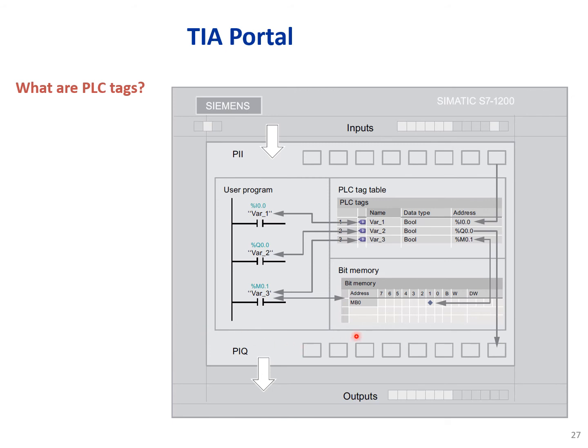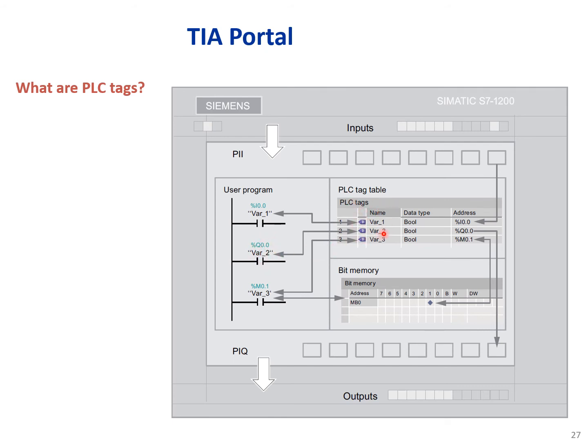What are PLC tags? So you see that for different contacts and coils, we selected a name and one address. So variable one, and the address is I0.0. The other one is output Q0.0.